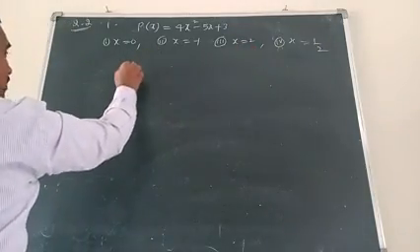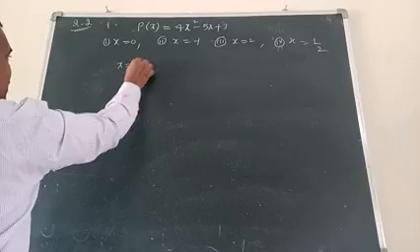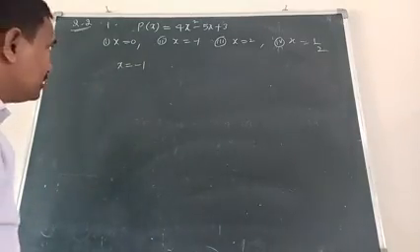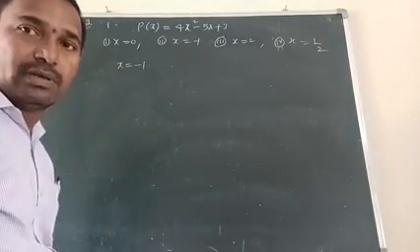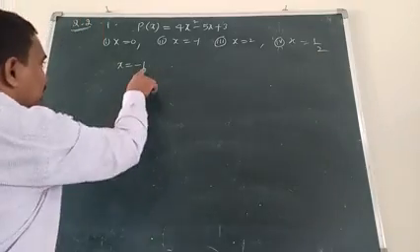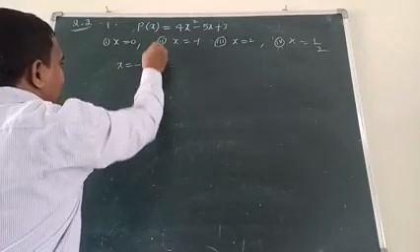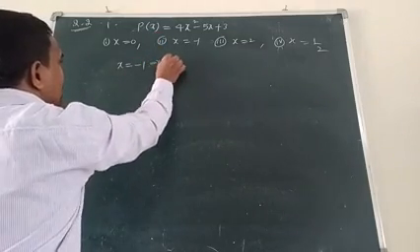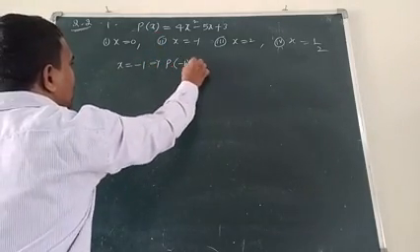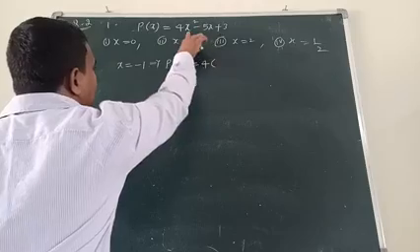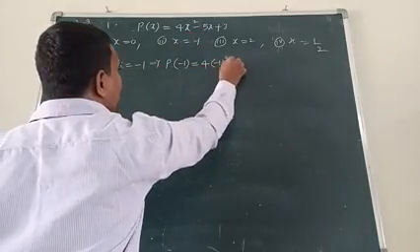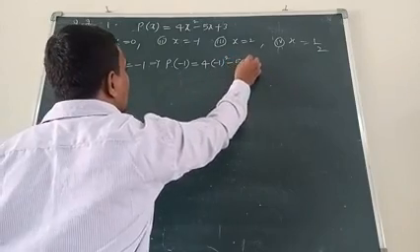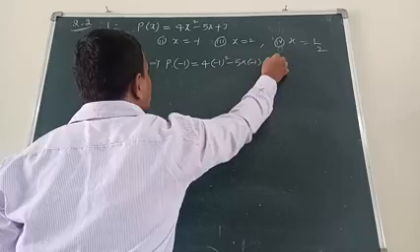Now I will explain for x equal to minus 1. So find p of x at x equal minus 1. Means substitute x equal minus 1 in the given polynomial. Okay. So p of minus 1 equal to 4 into x square. What is x? Minus 1. Minus 1 square minus 5 into minus 1 plus 3.